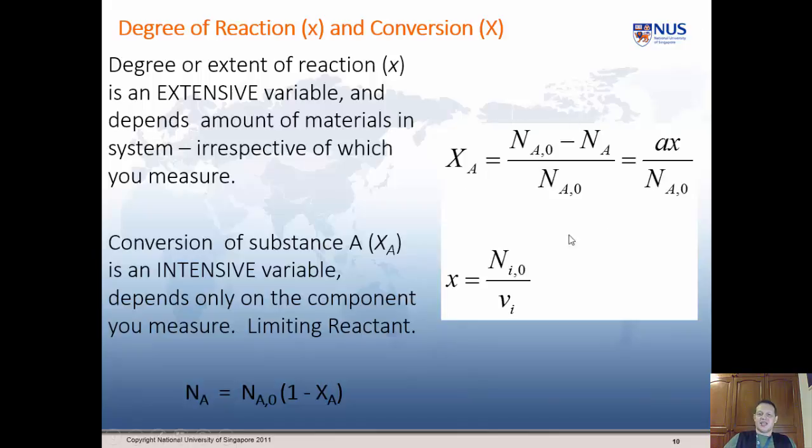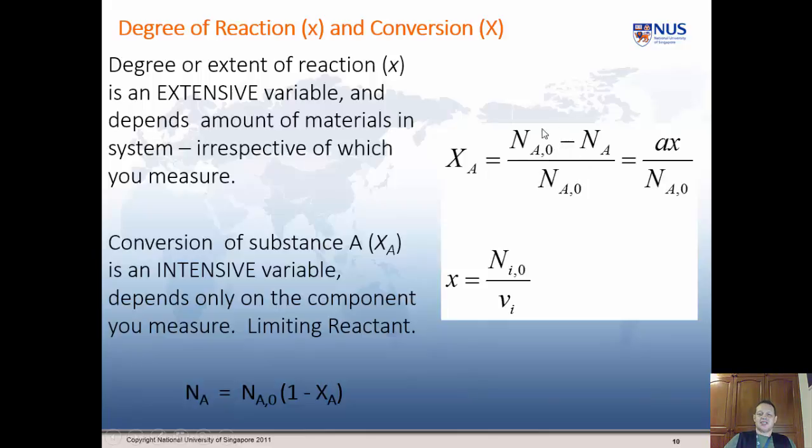So in this case, capital X_A, the conversion, is the number of moles or molecules of A at time naught minus the moles or molecules of A at t equals t, divided by the moles or molecules of species A at time naught. There is no stoichiometric factor in there.